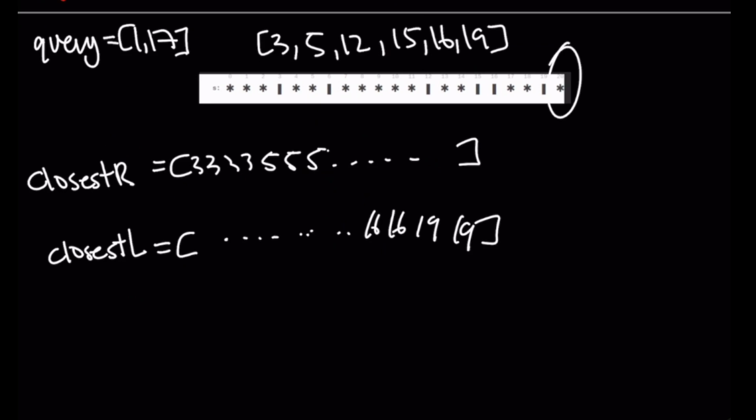Notice how there's an edge case in these closest left and right lists. What is the closest right candle for the last index? There isn't one, right? So why don't we indicate that if there is no closest right candle to the given index, it is out of bounds, 21.